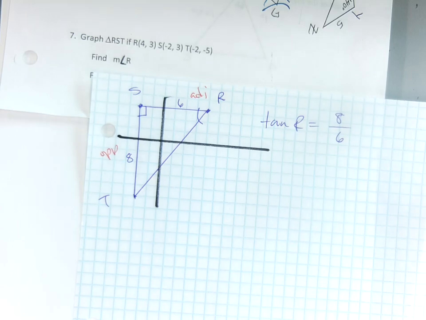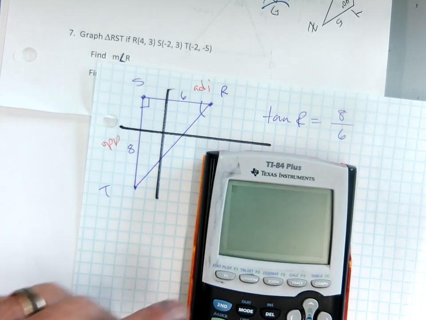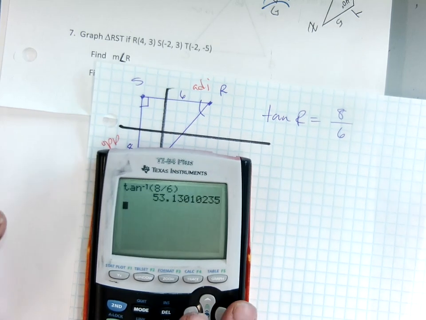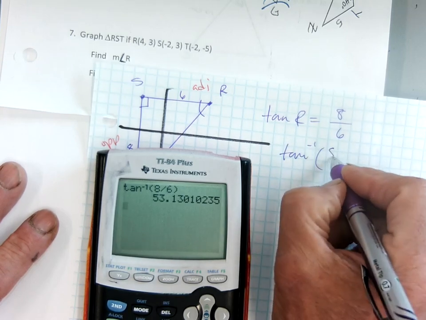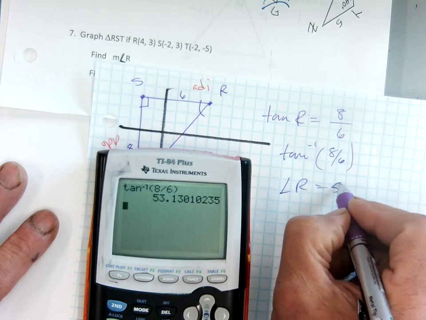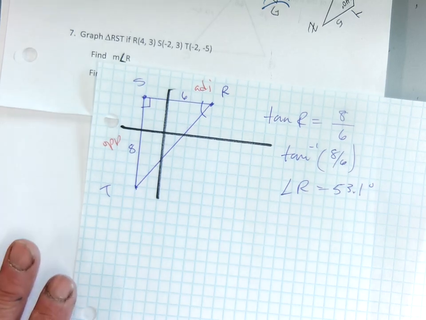But I have to use the inverse button because I'm looking for the angle. Have to use that inverse button, that blue button. I'm going to go tan inverse of 8 divided by 6. And I get about 53.1. So tangent inverse of 8 over 6, and angle R is about 53.1 degrees. Okay? How am I doing?